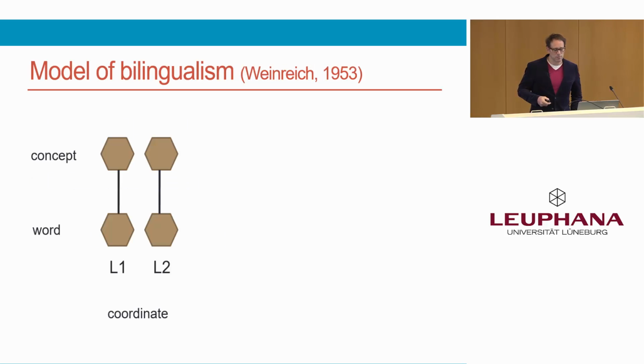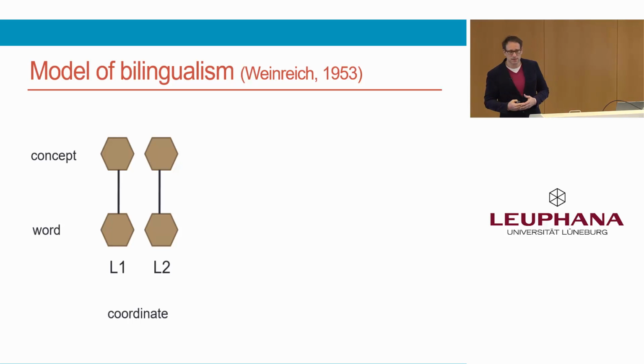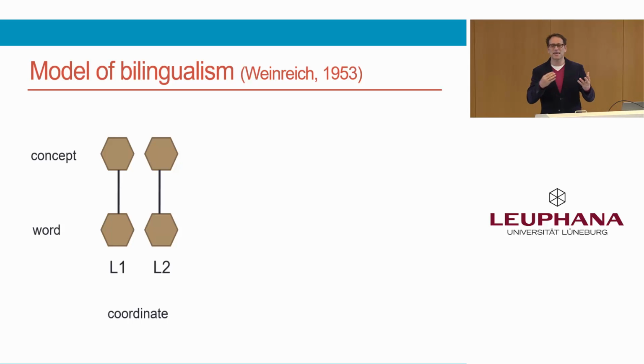So the model that Weinreich suggested had either a coordinate view where concepts, and here the concepts are at the top and the word forms are at the bottom. That will swap in a minute, but for now that's the way it is. The concept we have is basically nonverbal. The concept is more or less the picture we have of something specific and all the semantic field that surrounds it and everything that we connect to it.